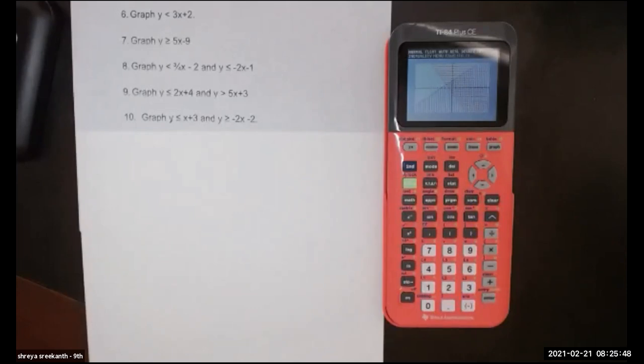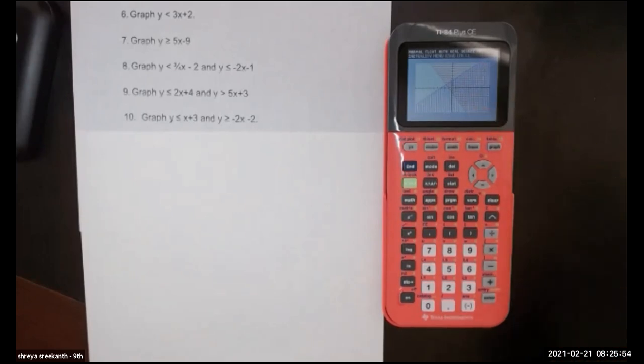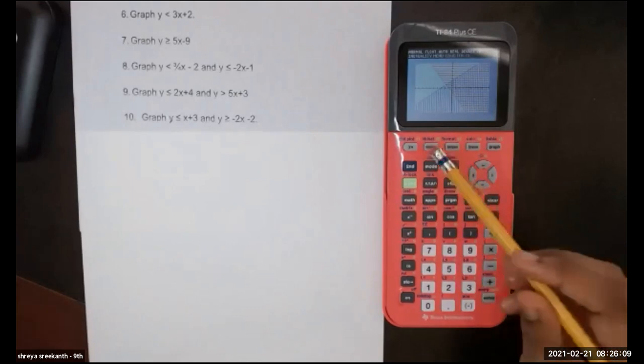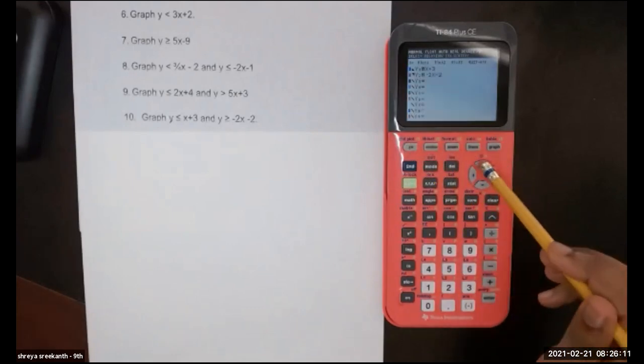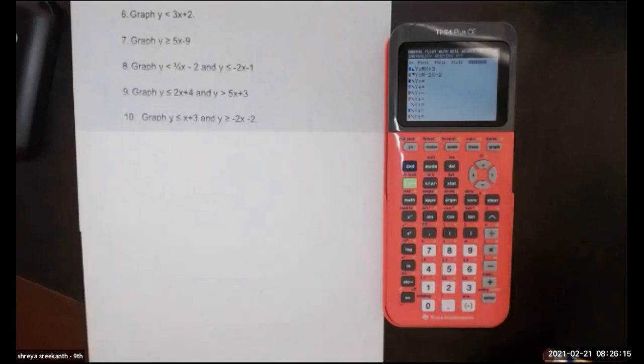And so this is what should show up on your calculator. This entire section would be the solution to the system of inequalities. Did everyone get that? Okay. And then just an additional thing, if you ever want to quit the app, you can go to y equals, and if you go all the way to the right, there's something that says quit app.